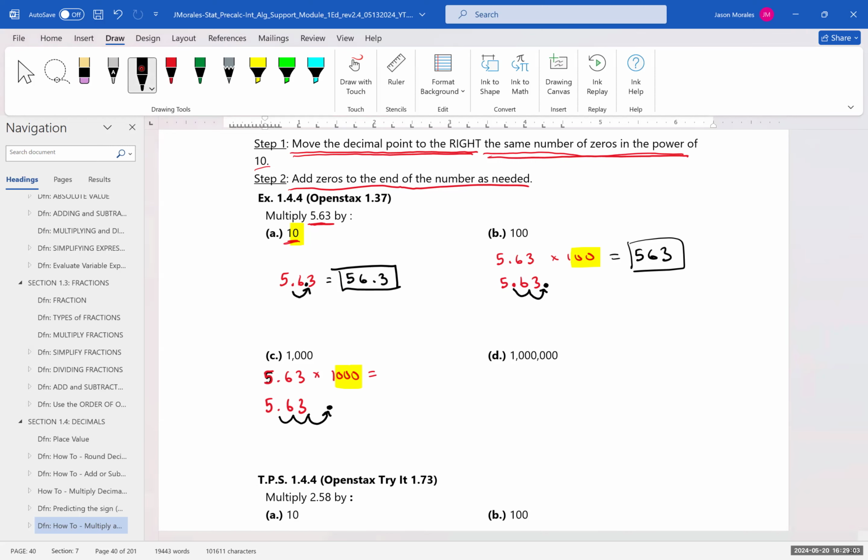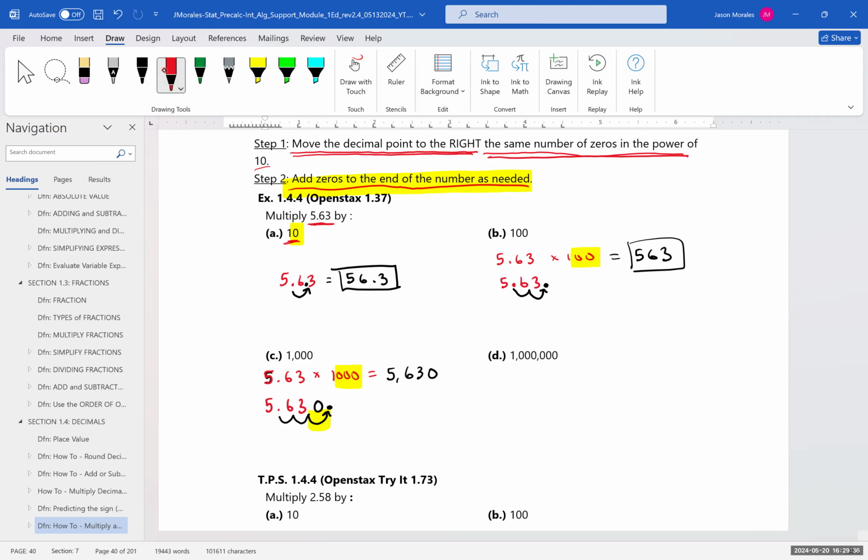Now notice that on this third decimal place that we moved, we don't have a number above it. So this is where step 2 comes in, where we add zeros to the end of the number as needed. So we're going to add a 0 here. So 5.63 times 1,000 is 5,630.